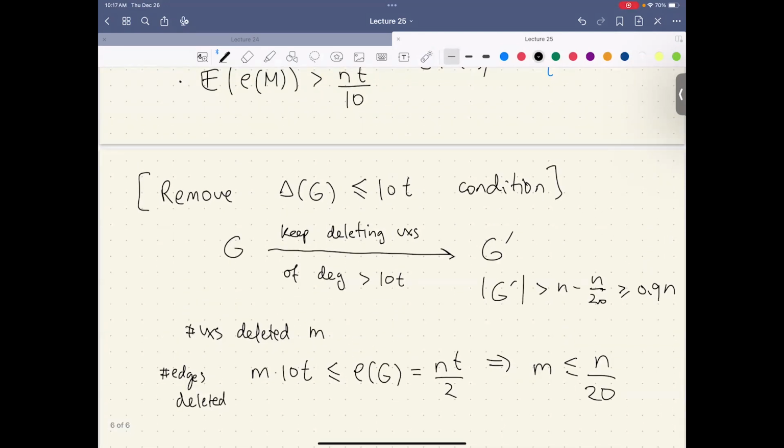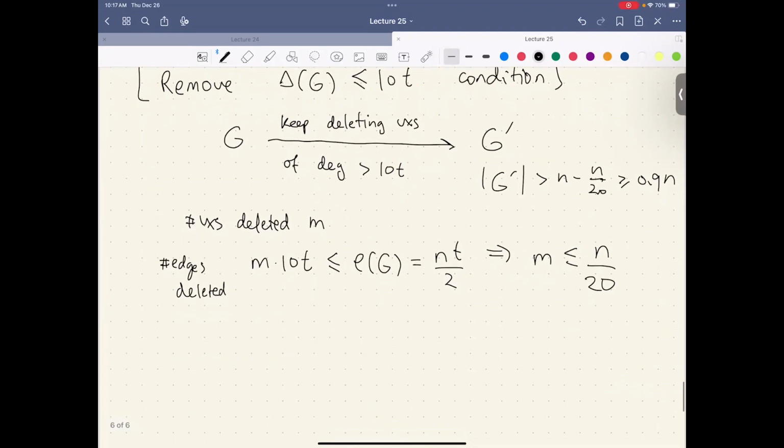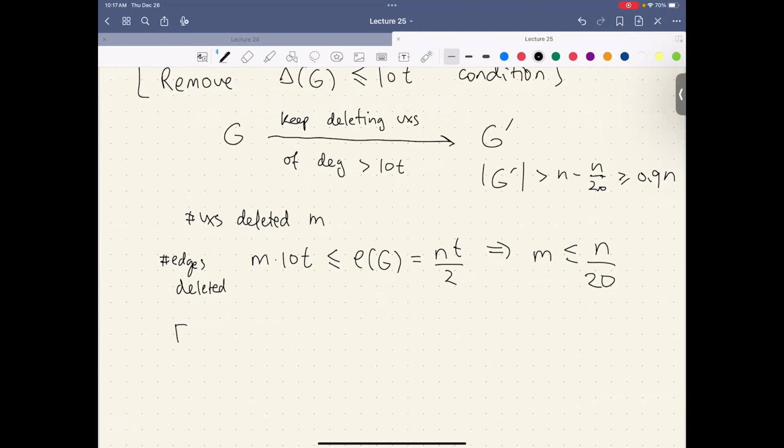Now by doing this, we can check that, and I will leave it as an exercise for you to check that this ratio of n over t is not dropping.